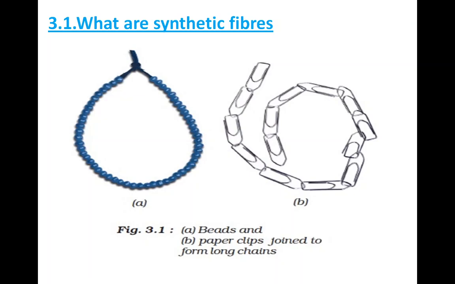Yes, because these fibers are obtained from plants or animals. Cotton we get from the cotton plant, wool we get from sheep and silk we get from silkworm. Like that, these fibers we get from nature, and that's why they are known as natural fibers. Now what about the synthetic fibers?